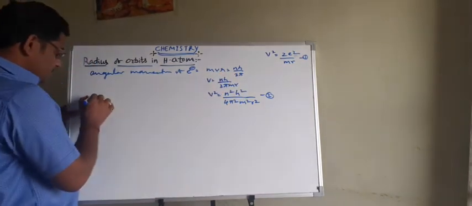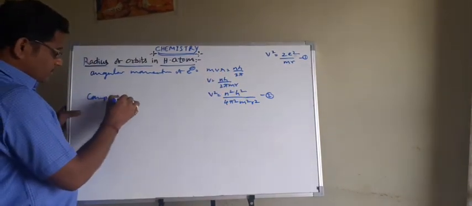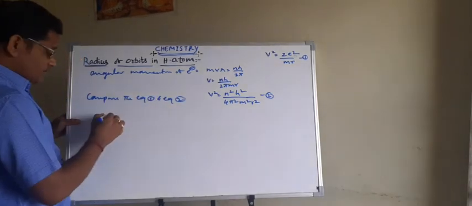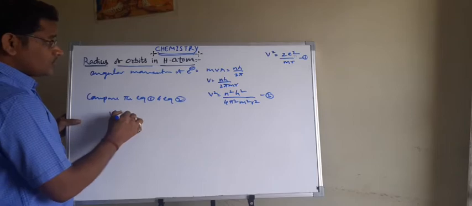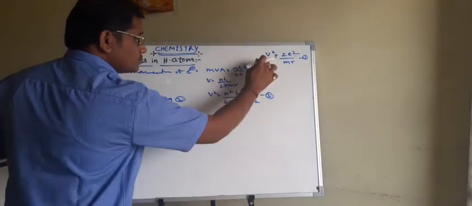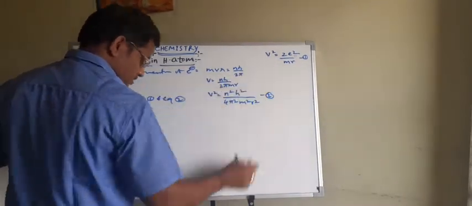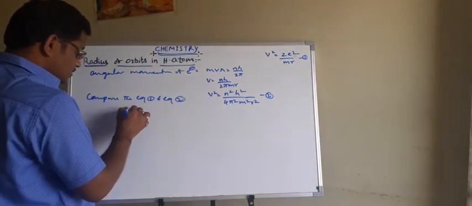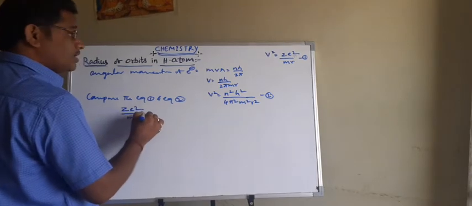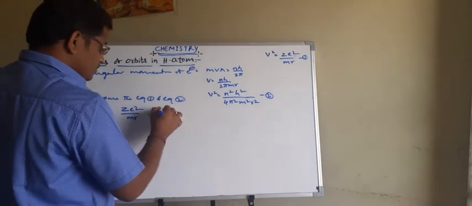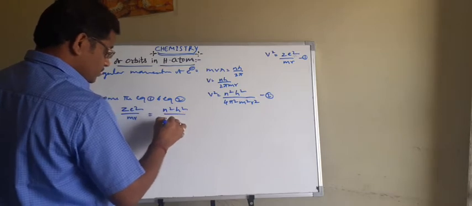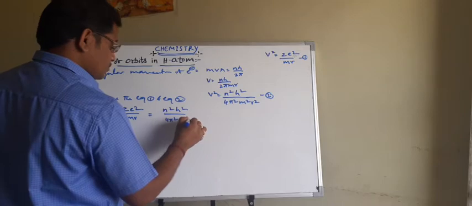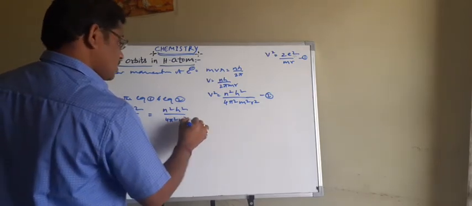Okay, then compare equation 1 and equation 2. This is also v square, and this is also v square, so both are equal. According to equation 1, v square is equal to Ze square by mr, which equals n square h square by 4 pi square m square r square.